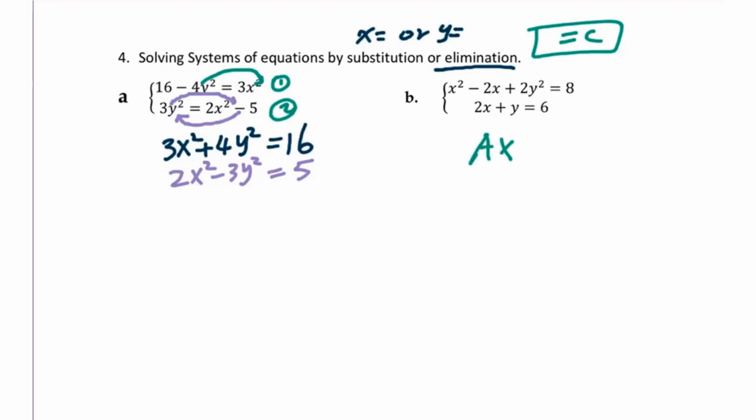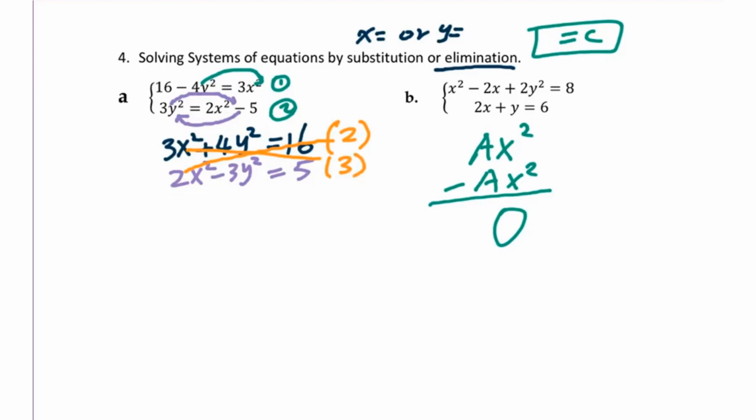If you have ax squared and get negative ax squared, you will get 0. So choose the smaller number. I will try to get rid of this x squared. Therefore, the first one I multiply by 2, and this one I multiply by 3. Let's label this the third and this the fourth equation.